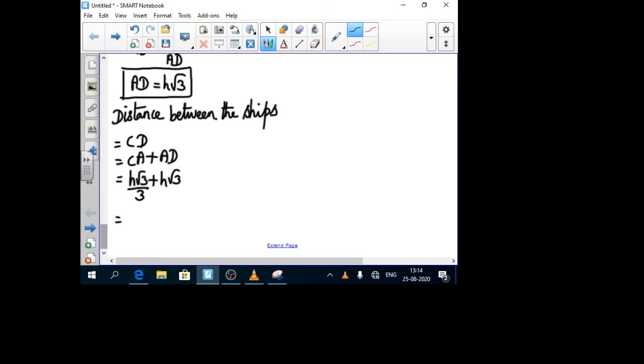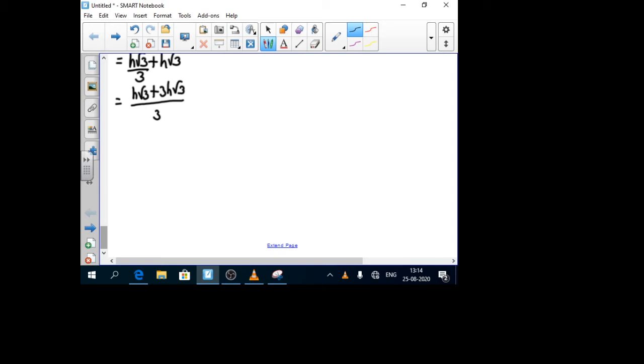So while simplifying, you can take H root 3 plus, take 3 as LCM. That is 3 into H root 3. Take H root 3 outside. You are getting 1 plus 3 over 3, same like rational numbers.